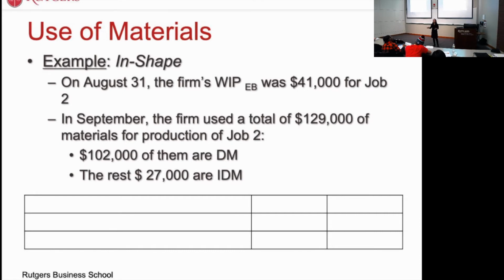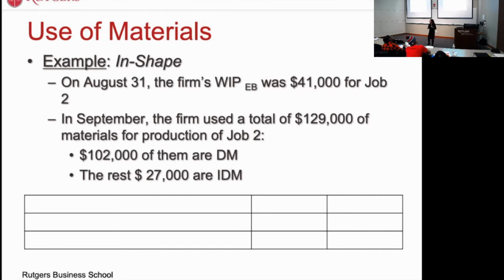We have a decrease in raw materials, so we have a credit of raw material of this total amount. And now let's think about the debit side. First we use the direct material to contribute to the working process, so we have an increase in working process. And working process is an inventory account, which is an asset account. So we will have a debit of the working process, correct? Because the direct materials will be going to the working process directly. So now we have one debit there.